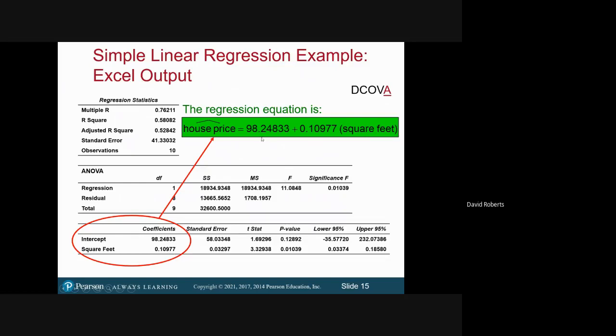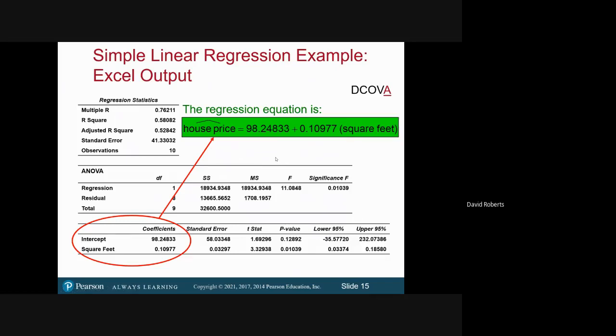So what you would do in this particular case, let's say that you have a 1,000 square foot house. You put in the 1,000 in the very back part of the formula, up at the top here, multiply by 0.10977, and add it to 98.24833. And that tells you the expected value of the house.